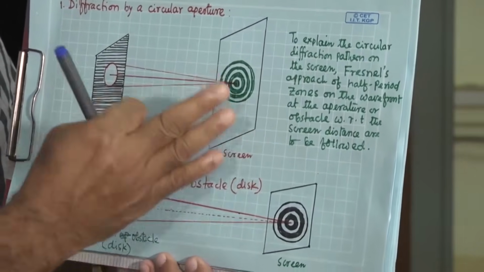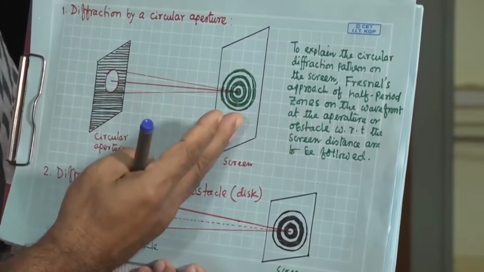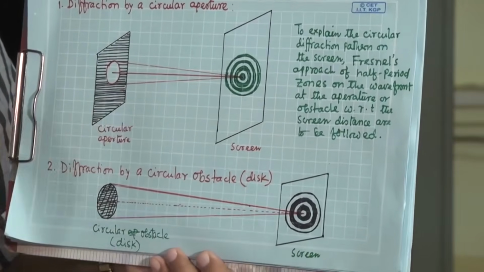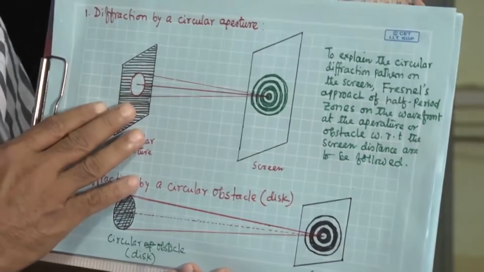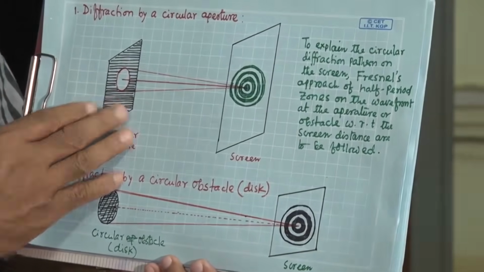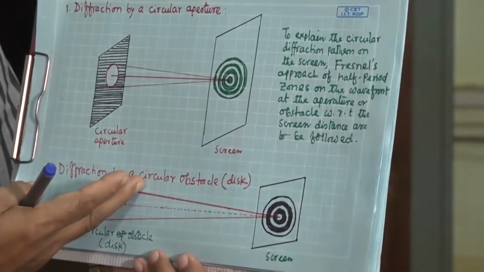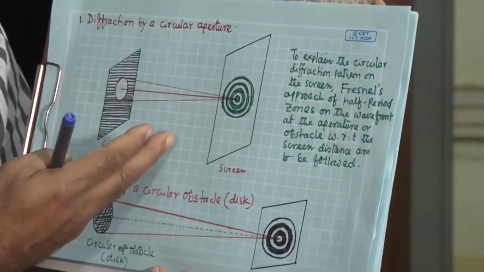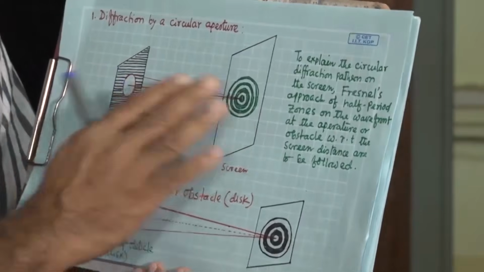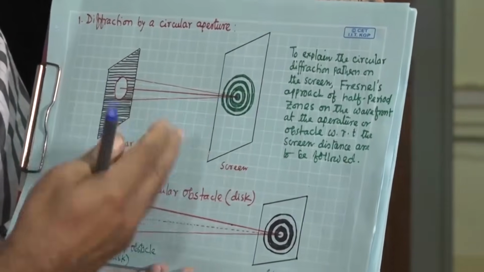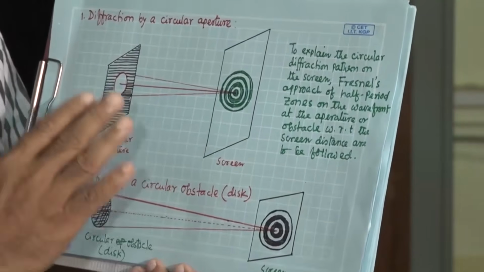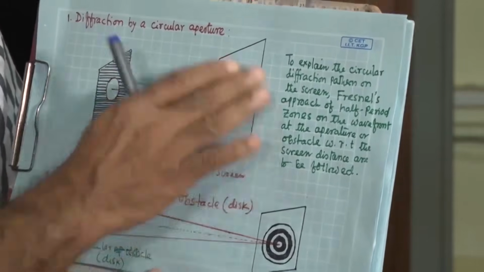To understand that, the Fresnel's half period zone concept was introduced by Fresnel himself. Okay. So that I will discuss now, how Fresnel's half period zones are considered for explaining this type of diffraction pattern.